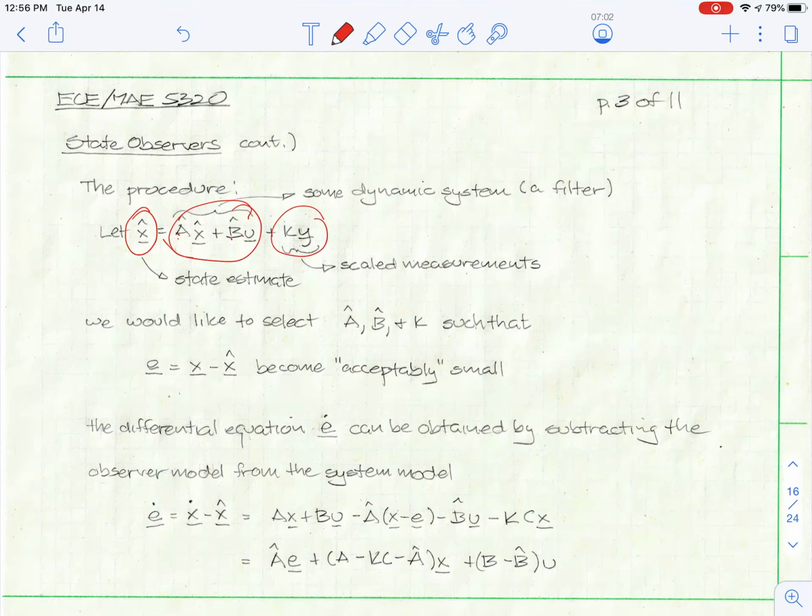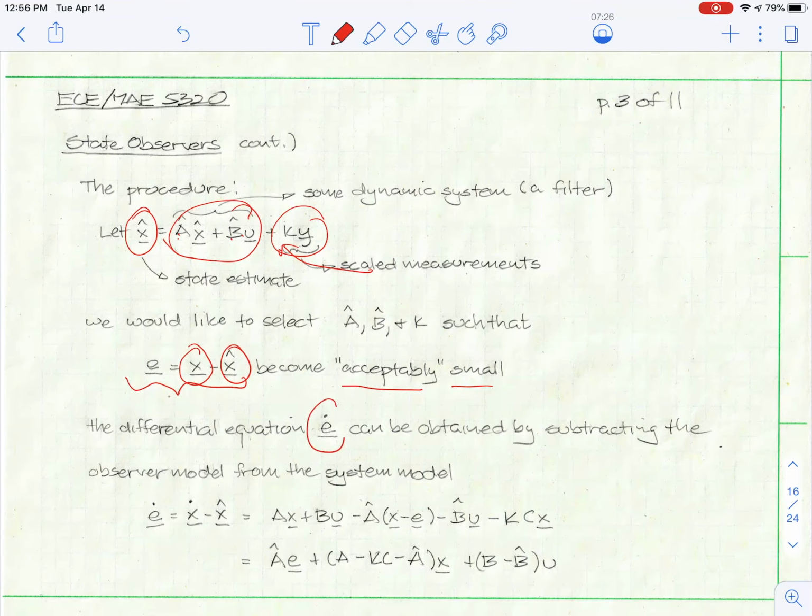Then I've got some scaled measurements, so I add this gain to the system and scale my measurements. I would like to make it so that over time, my actual measurement minus my estimated measurement becomes acceptably small. Now you're an engineer. You're the one who determines what's acceptable in the system that you're designing.